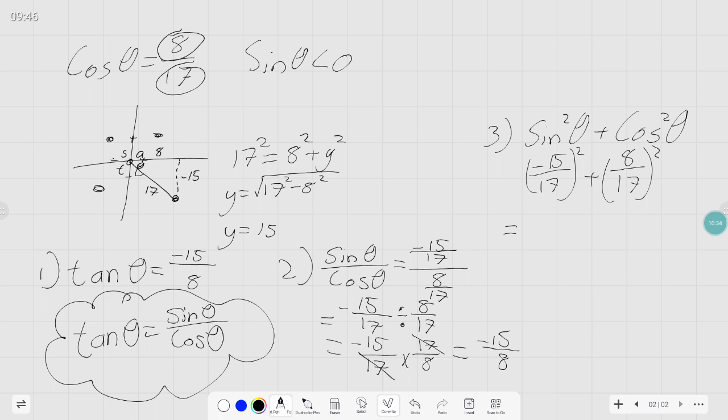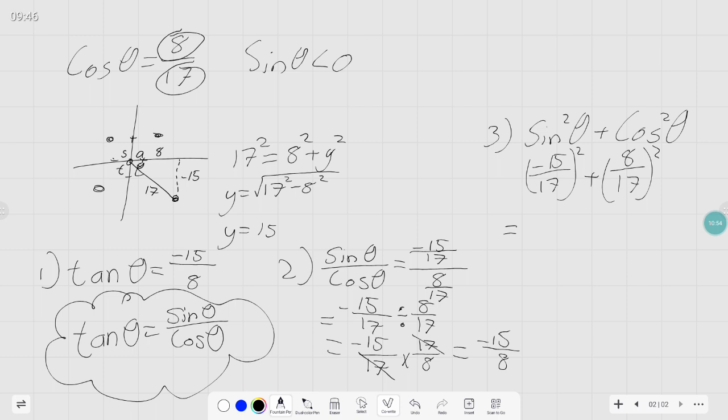Okay, what is 15 squared? Now keep in mind it's negative 15, so a negative times a negative is a positive. So that value will be positive. 15 squared is 225. Okay.